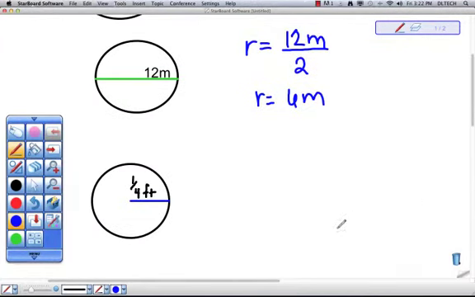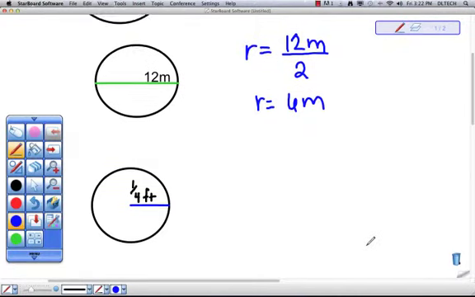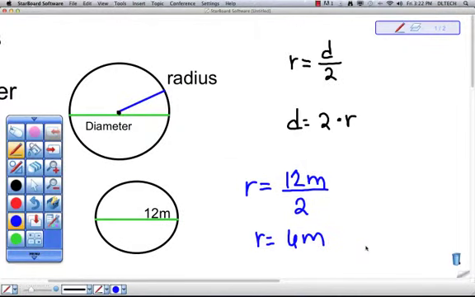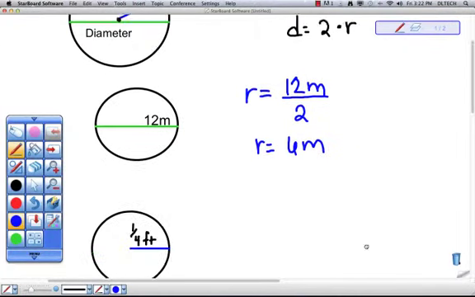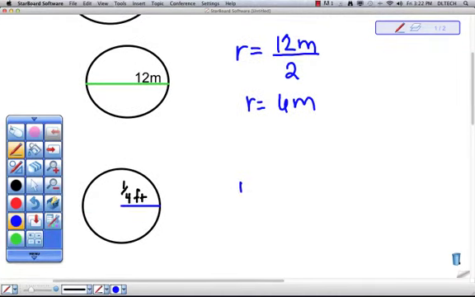In the next example, we are given the radius, and they want you to solve for the diameter. Again, the diameter is 2 times the radius. What you want to do in a situation like this, when you have 2 times a fraction, you want to turn that 2 also into a fraction.